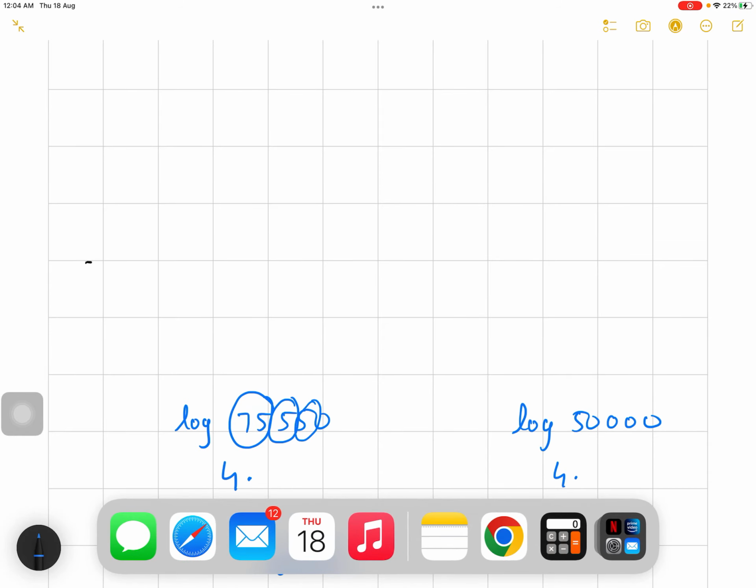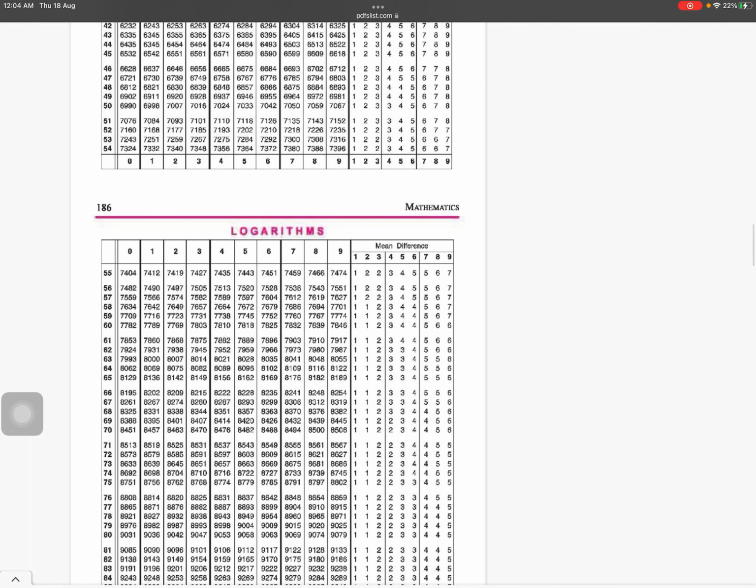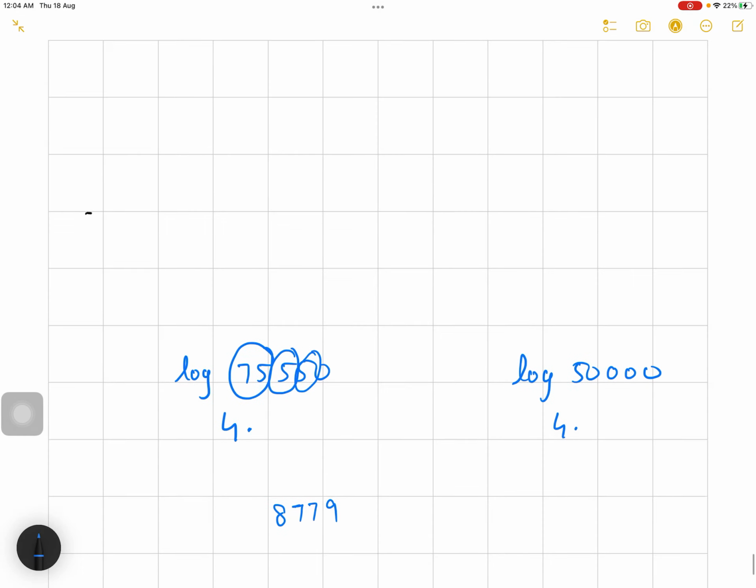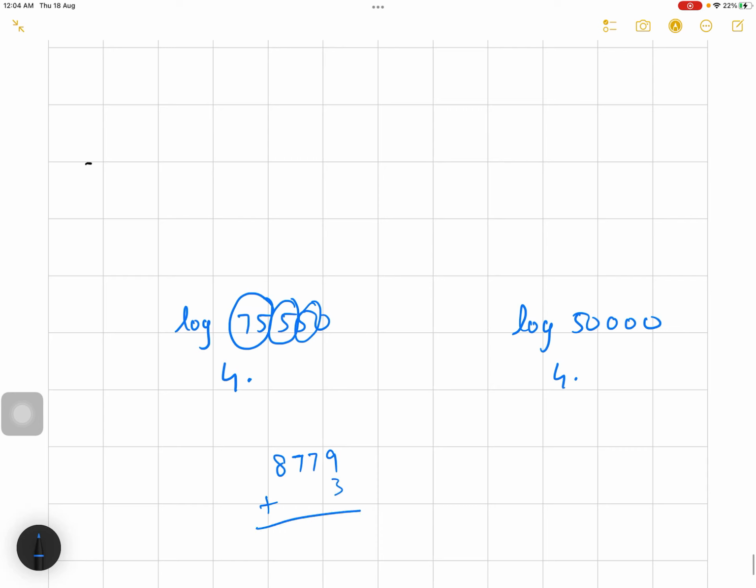Mean difference 5 is 3, so plus 3 gives 8782, so 4.8782.